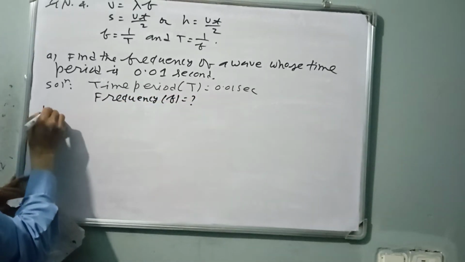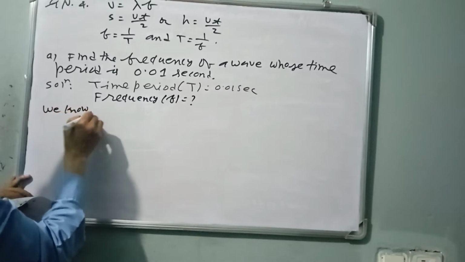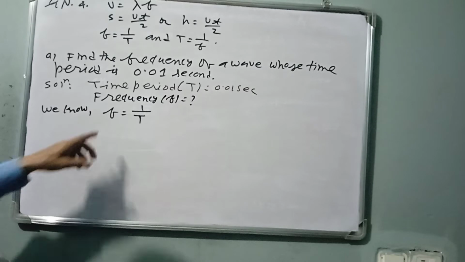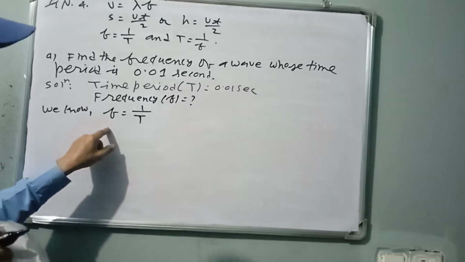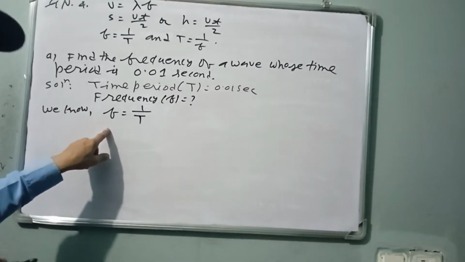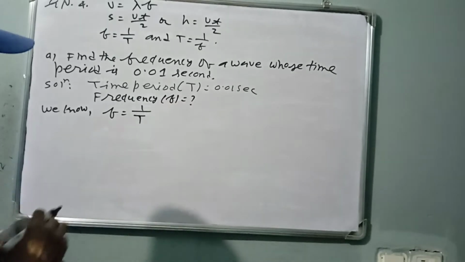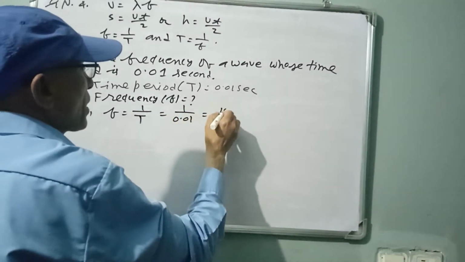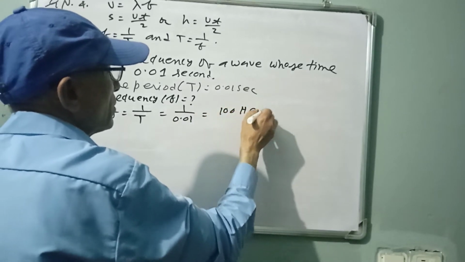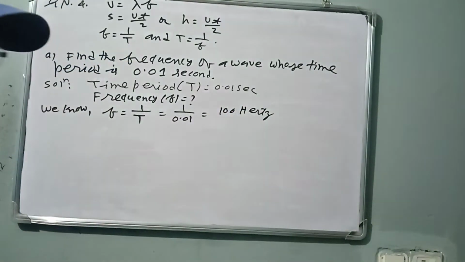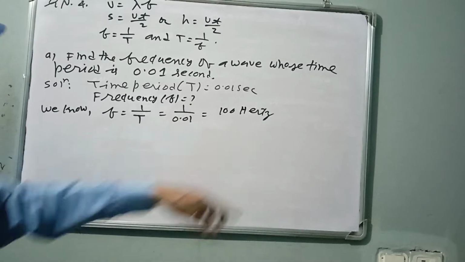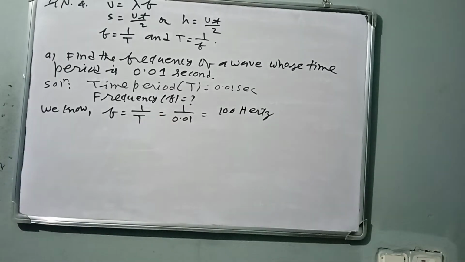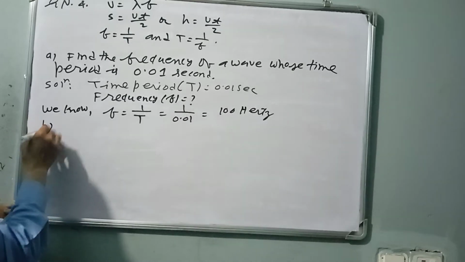We know, just by the definition, F equals 1 by T. Frequency is the number of complete vibrations made by a body in 1 second. 1 upon 0.01. Using a calculator, it is 100 Hz. Frequency, SI unit, Hz. Question A done.